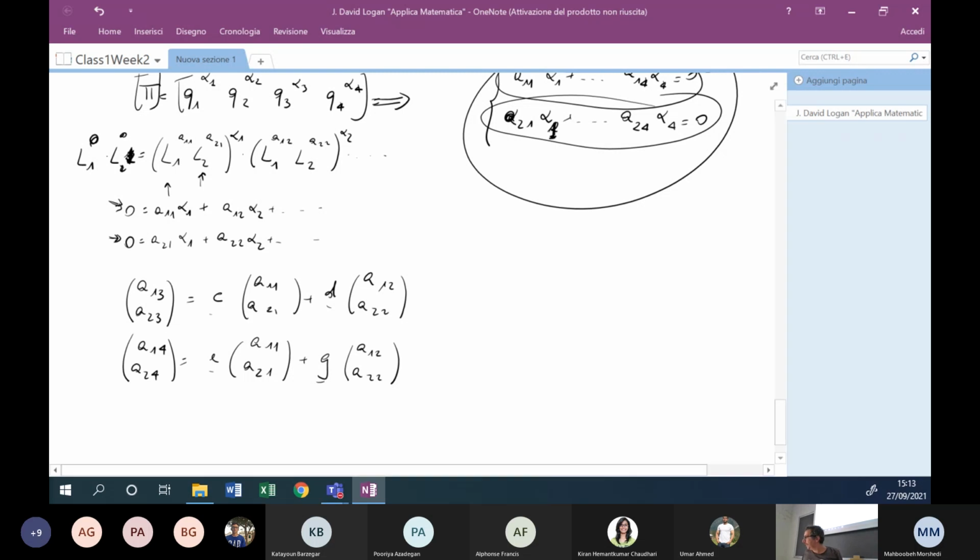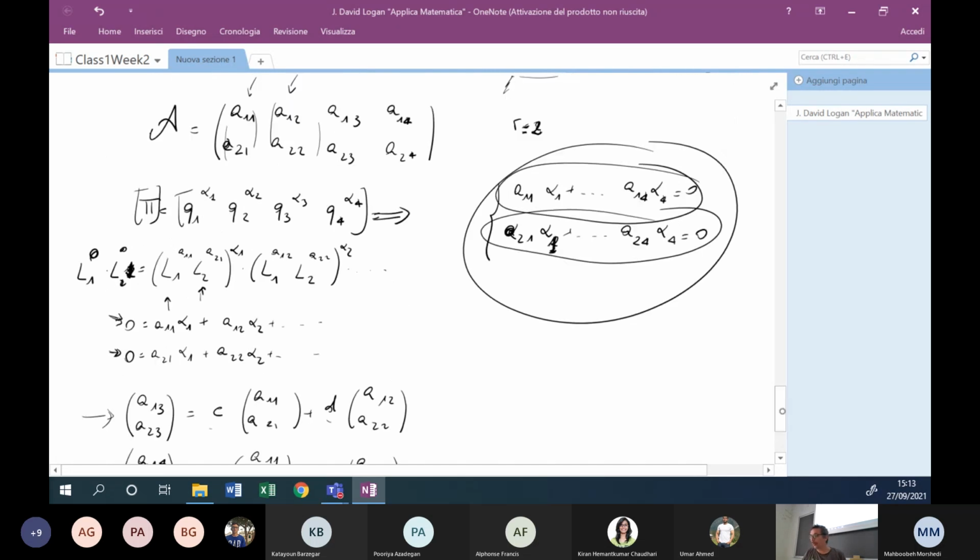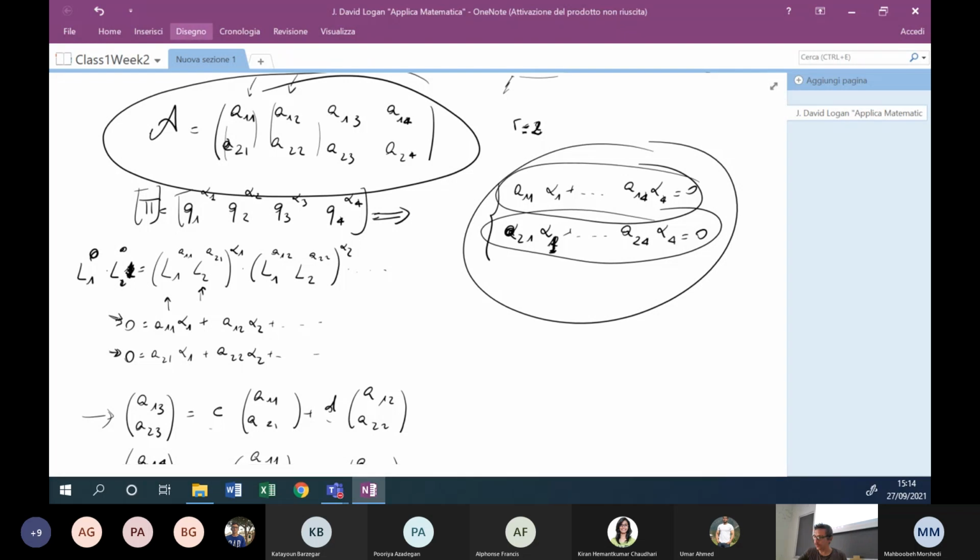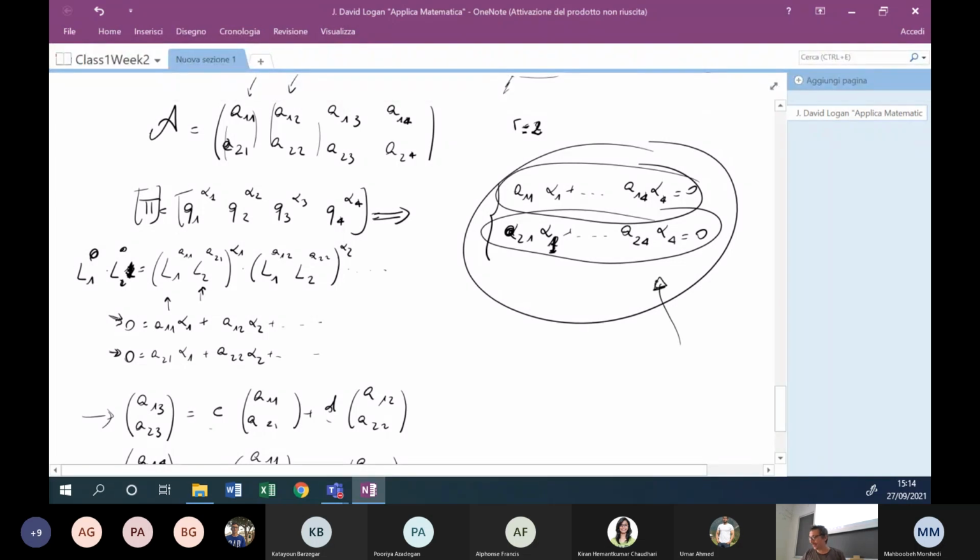But then, this means that I can use this expression of these columns A13, A23, and A14, A24 to rewrite, sorry, not this, to write this linear system.